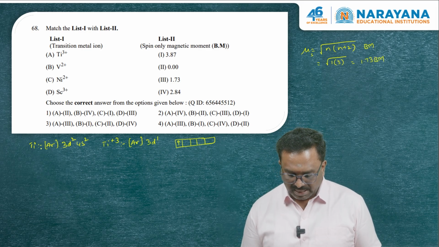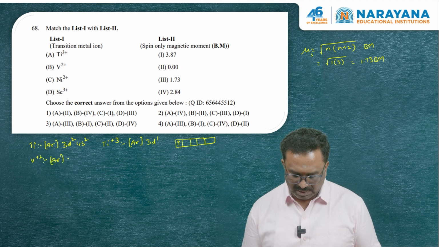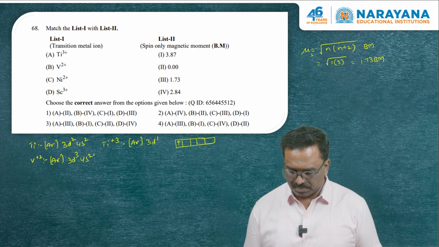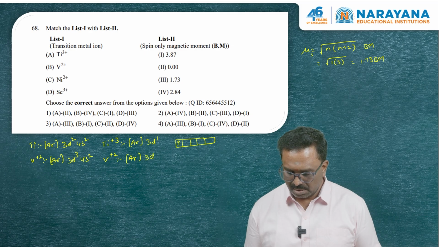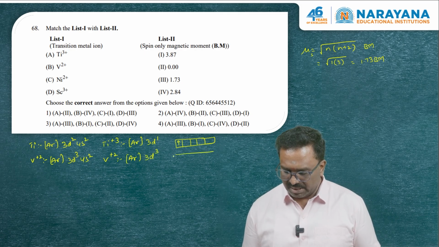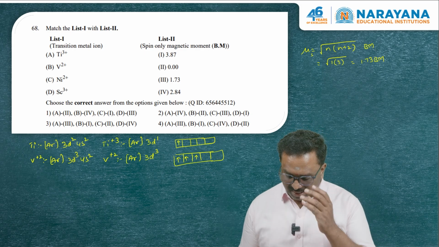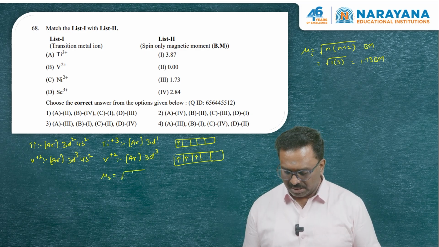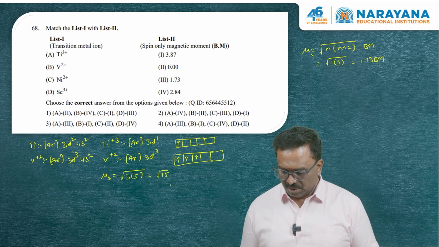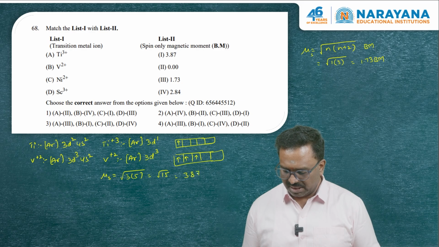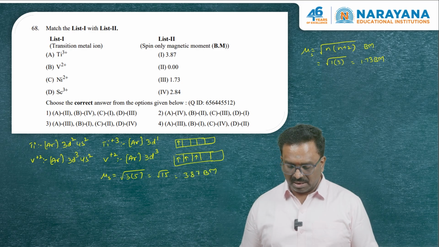Next, if you see vanadium, here we have Ar 3d3 4s2. So V plus 2 is Ar 3d3. With that you can identify we have 3 unpaired electrons. For 3 unpaired electrons, the spin only magnetic moment is root over 3 into 5. So here we have root 15, which is 3.87 Bohr magneton.